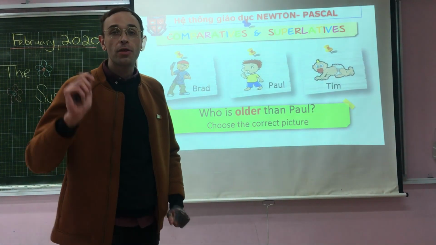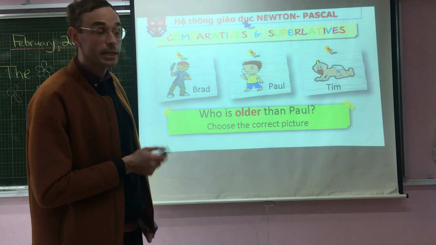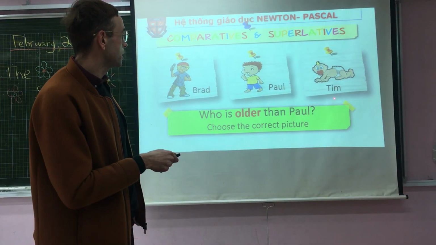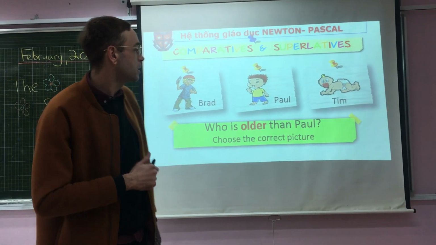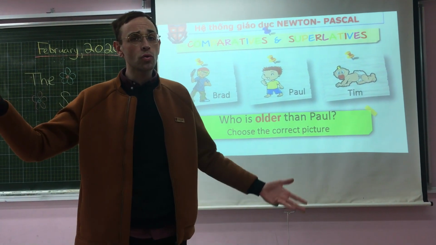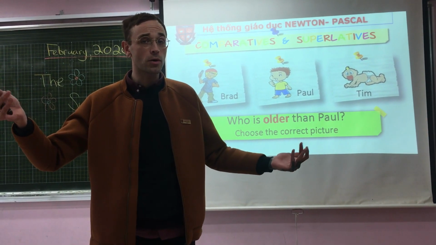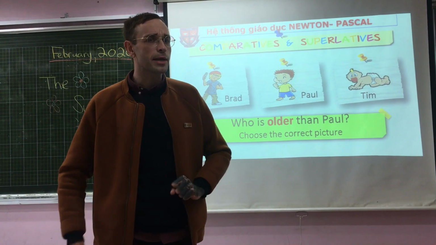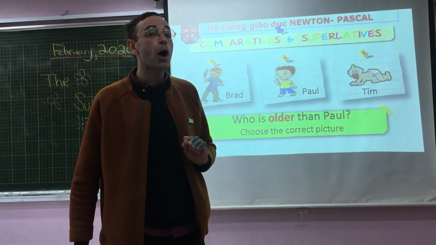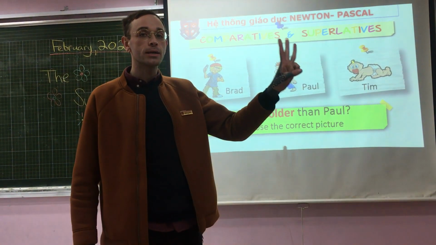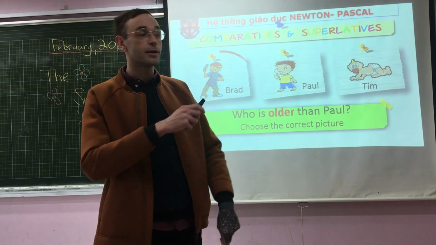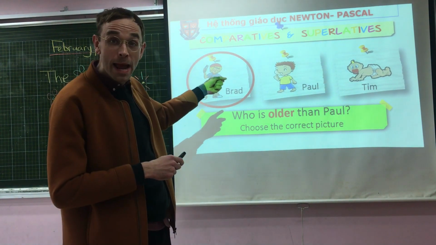All right, we have 3 boys on the screen here. We have Tim, Paul, and Brad. And we have to decide who is the oldest, okay? Pretty easy, I think. I want everyone to say the answer out loud in 3, 2, 1. That's right, Brad.